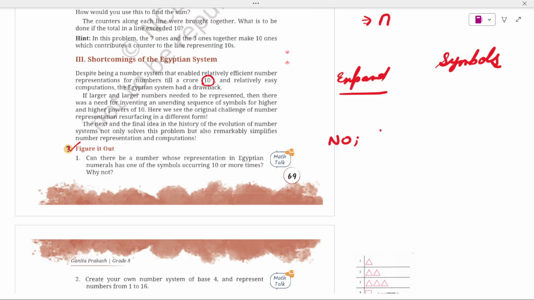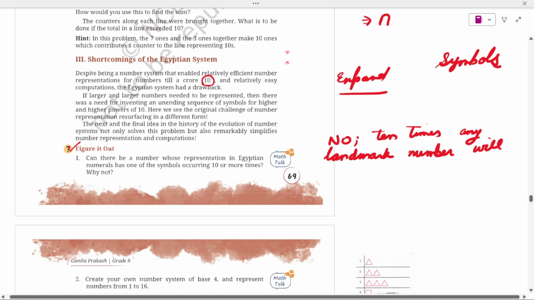So, no, 10 times any landmark number will give another symbol.